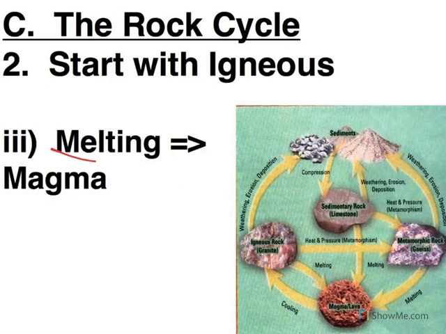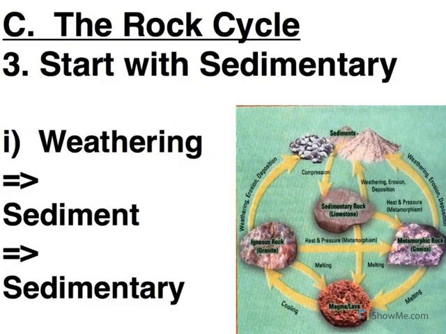Or your igneous rock could get melted. For example, through the process of plate tectonics, it could get pushed back into Earth's interior and get pushed deep enough to actually melt and turn into magma. So our igneous rock can turn into sedimentary, metamorphic, or magma.